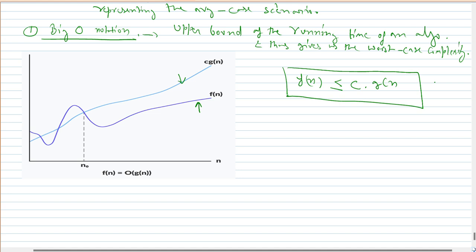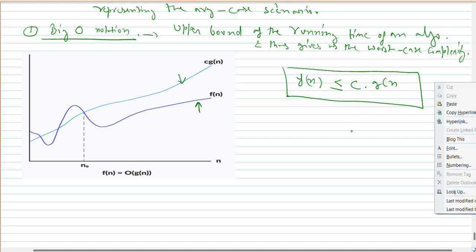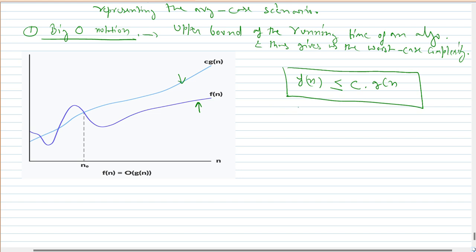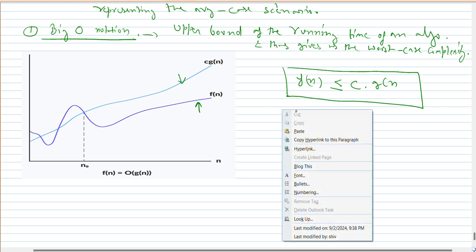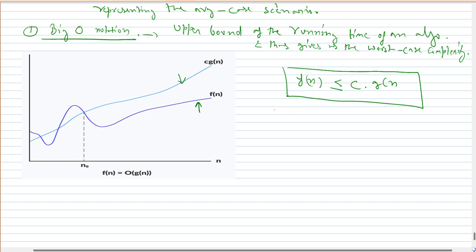For Big O notation, this means that as n becomes large, the function f(n) will always be less than or equal to a constant multiple of some function, that means g(n). Here g(n) represents the upper bound function.